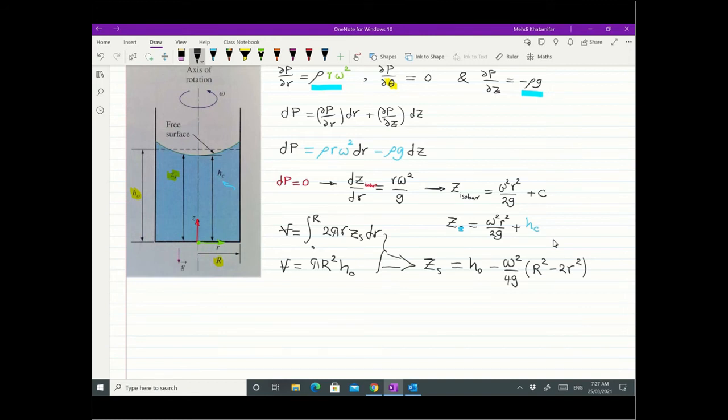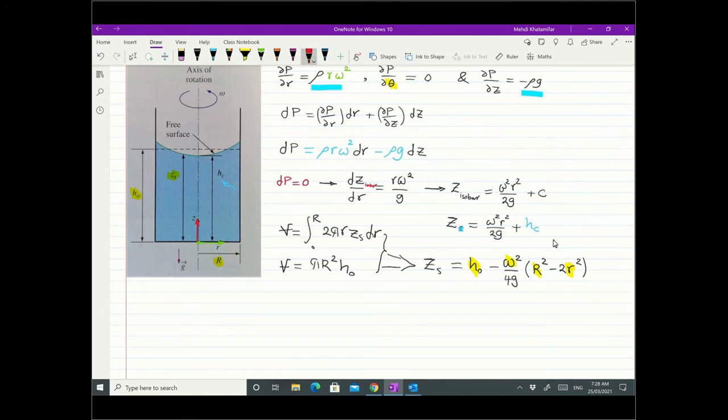So this is going to be the formula for the surface. You can use this, for example, if the maximum radius is 2 meters and you want to find the height of the surface at 1.5 meters, you put 1.5 meters here, you have the initial height, you have the maximum radius of 2 meters, you have omega, and you can find the height.